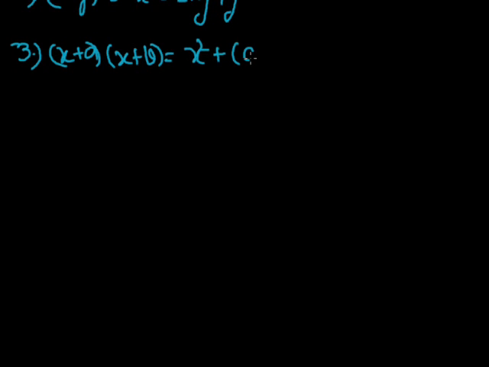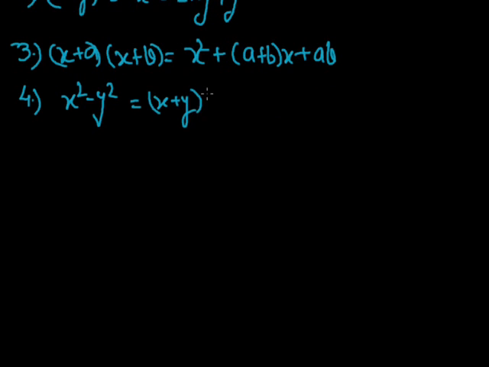Now the next one is (x plus a) into (x plus b) given by x square plus (a plus b) into x plus ab. Now the fourth one is x square minus y square is equal to (x plus y) into (x minus y). Now let us solve some sums based on this.